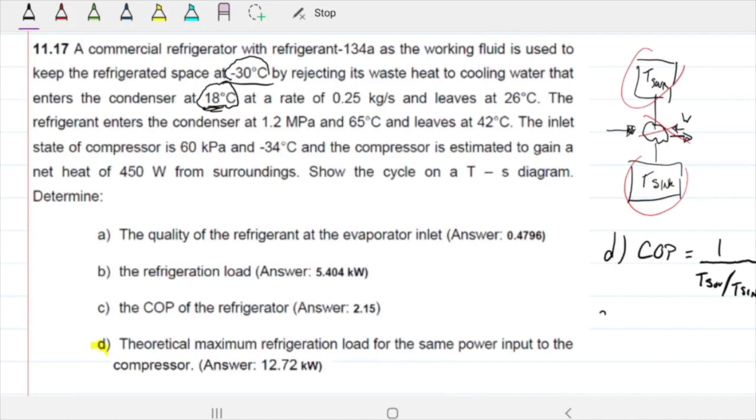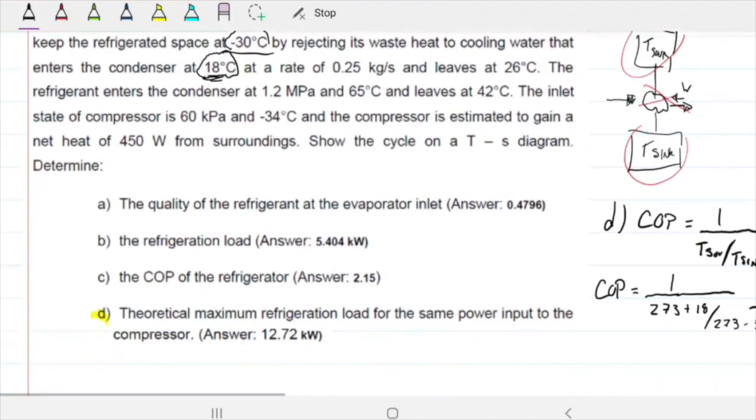So in our case here, the maximum coefficient of performance will be 1 over, all in Kelvin, (273 plus 18) divided by (273 minus 30) minus 1. And all this, subtraction, division, minus 1, right?